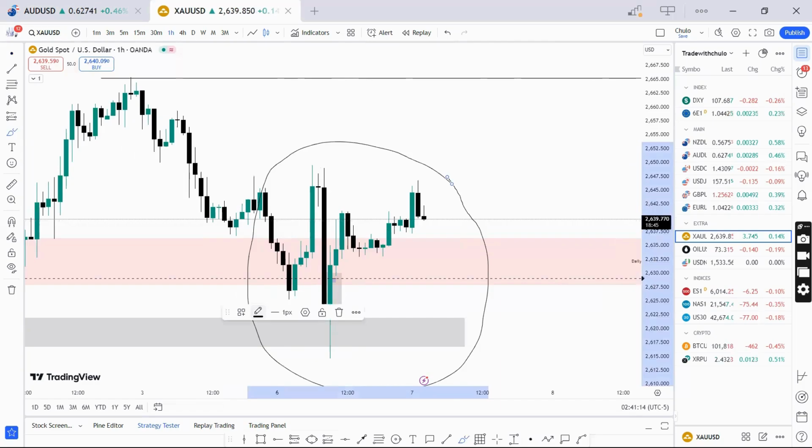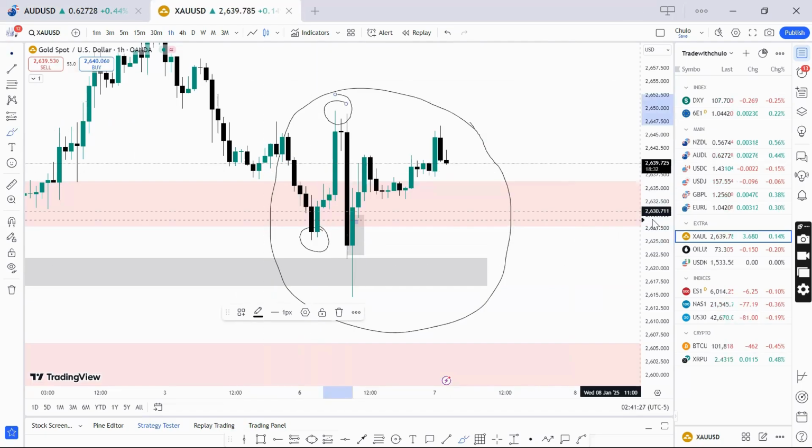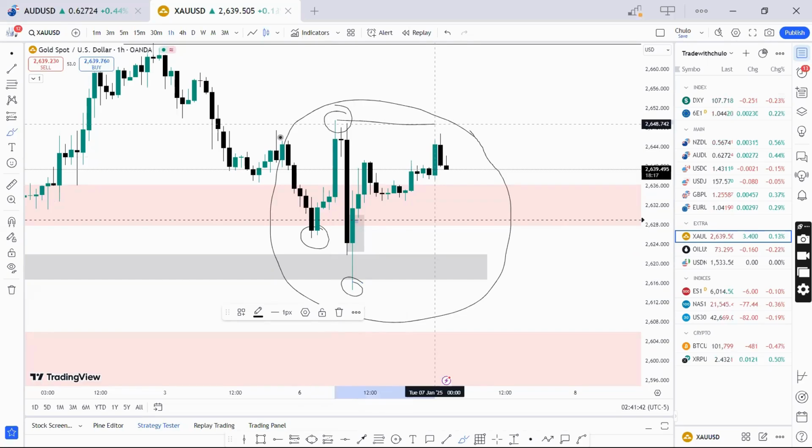We have this major low, and we have this major high, and we have this. So this low is the leg. This fair value gap is still on this low. So the best thing to do is I need price to break this major high.